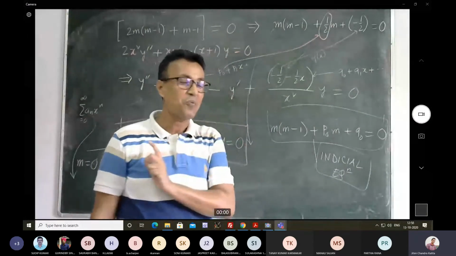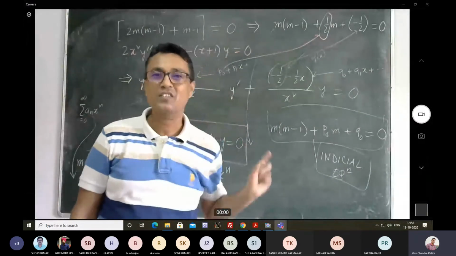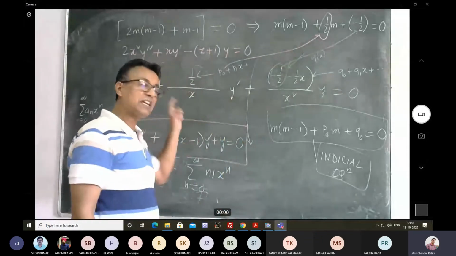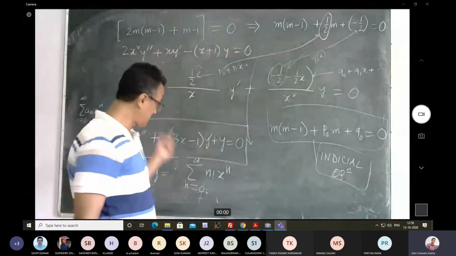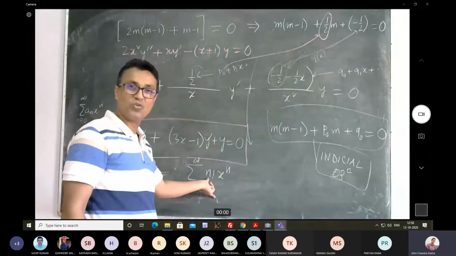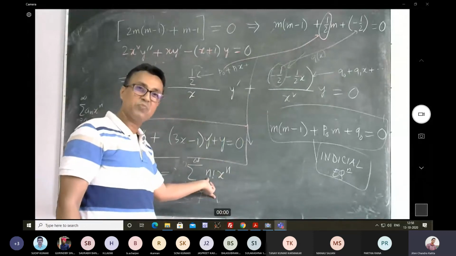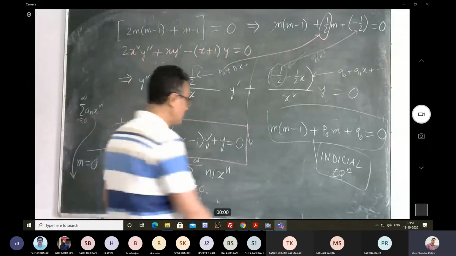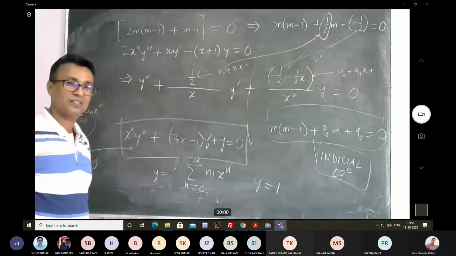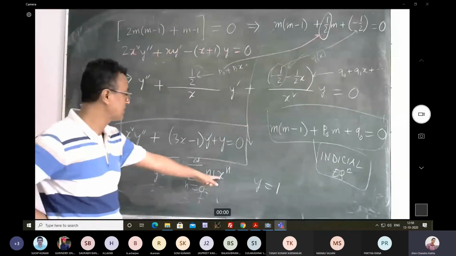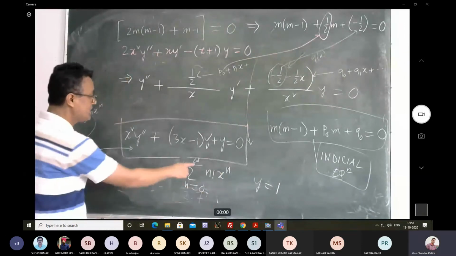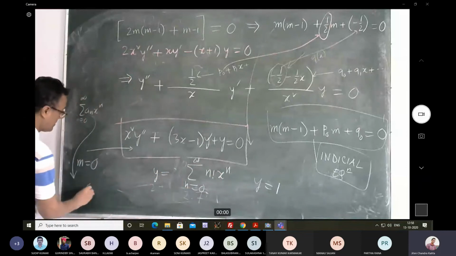Okay. So now, when I plug this series into the given differential equation, because I know that the only convergent series possible out of this is when x equals 0, that leaves me with simply y equal to 1, isn't it?